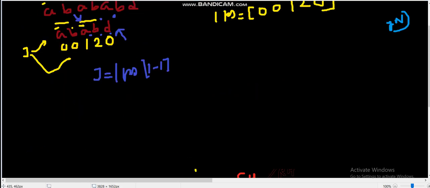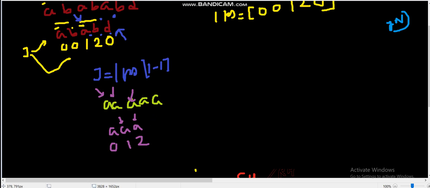Now let's look at one more case, and you will see why we are doing this. Let's say our text is AAA and our pattern is nothing but AAA's. For this pattern the LPS value will be 0, 1 and 2. So this is matching, so we are moving this pointer to here and this pointer to here, and this is matching, so we are moving the pointer to here.